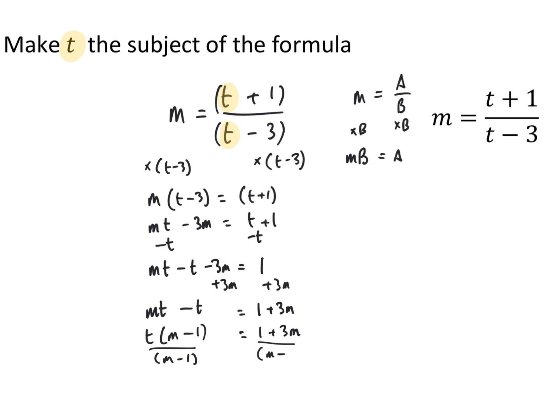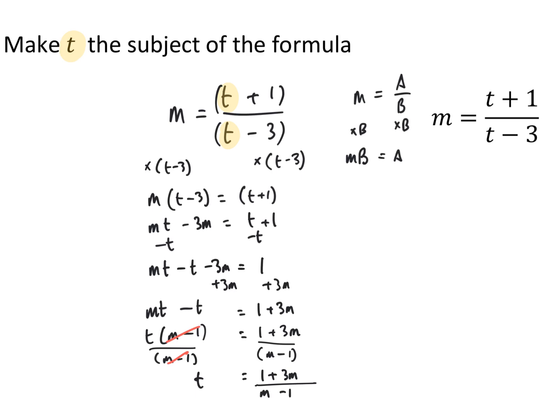So that will leave me with multiplication and division cancelling out. It's going to leave me with a single t equals 1 plus 3m all over m minus 1. And I've successfully got a single t on its own. I've made t the subject there.